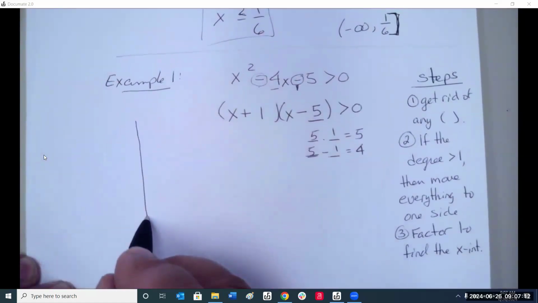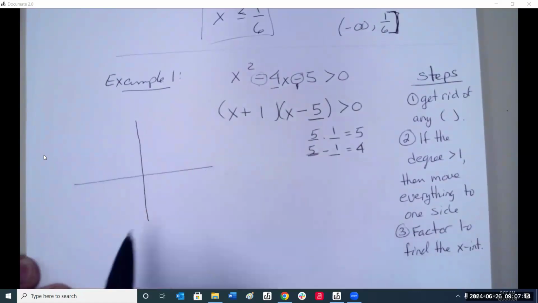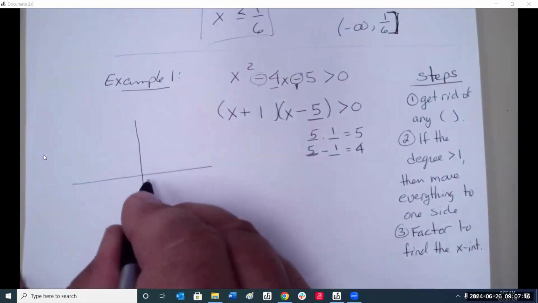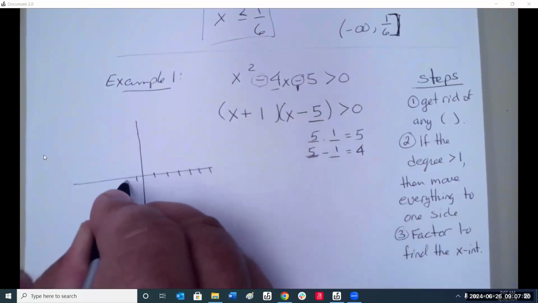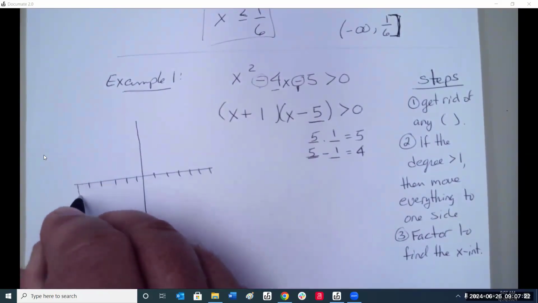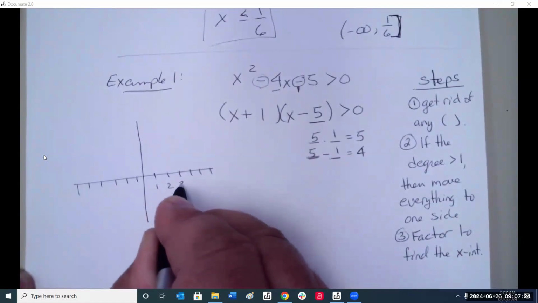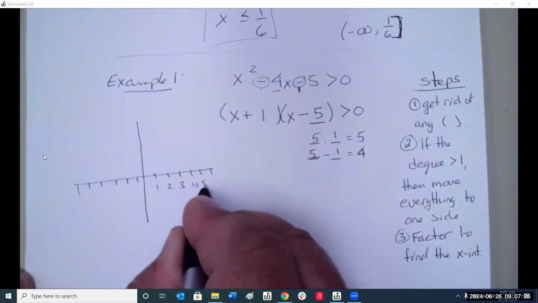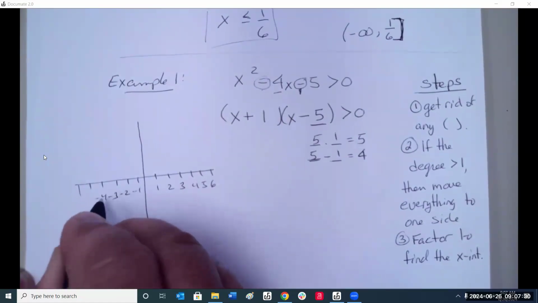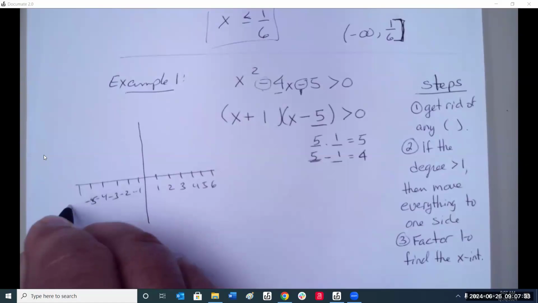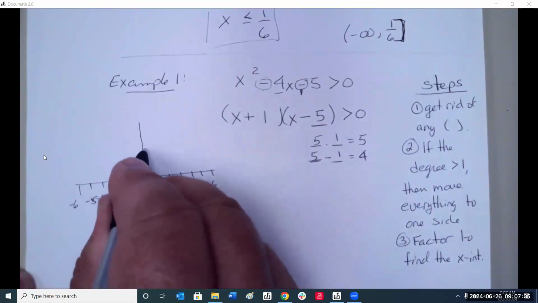Let's look at what this means. On the number line, one, two, three, 4, 6, -1, -2, -4, -5, -6.